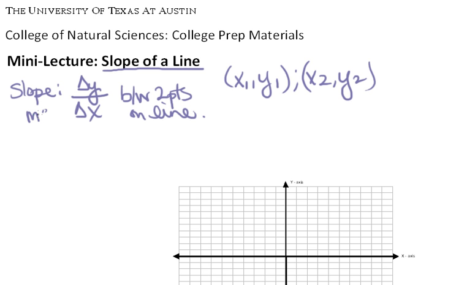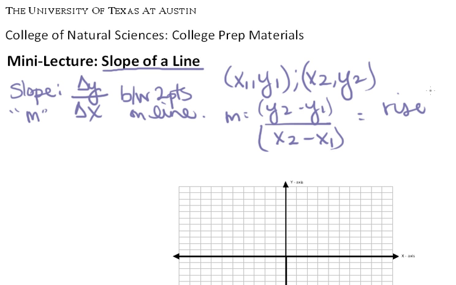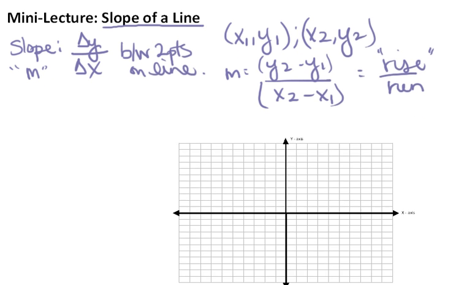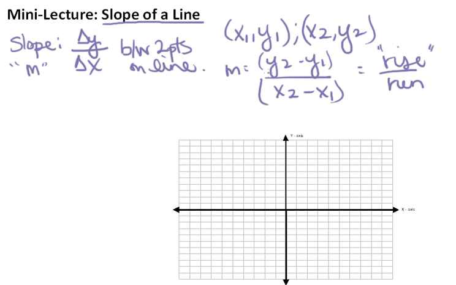It's usually represented by m. m would equal y2 minus y1 over x2 minus x1. And you may be familiar with hearing slope described as rise over run. So if you had 2 points, this is how you can find the slope m.